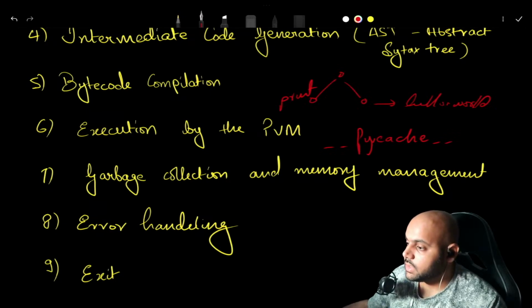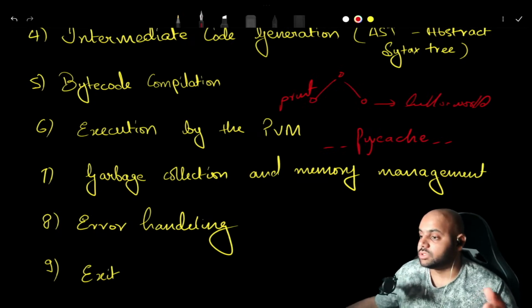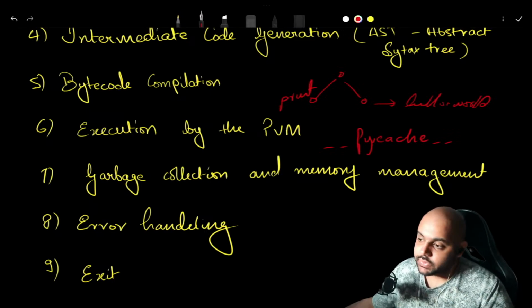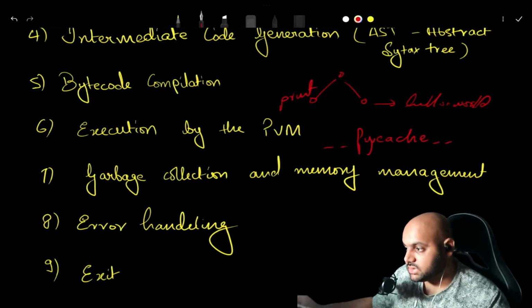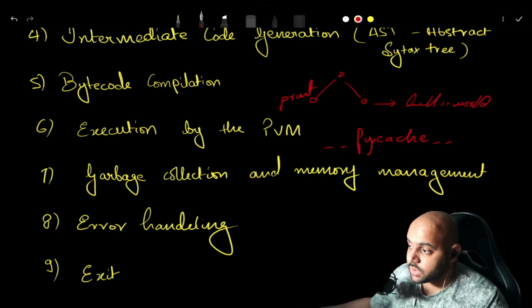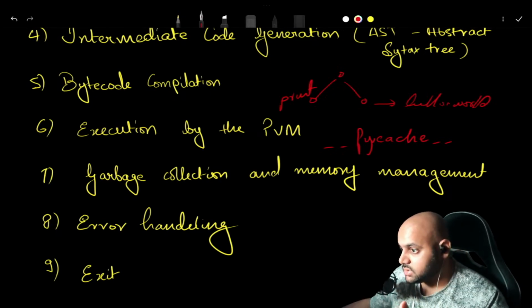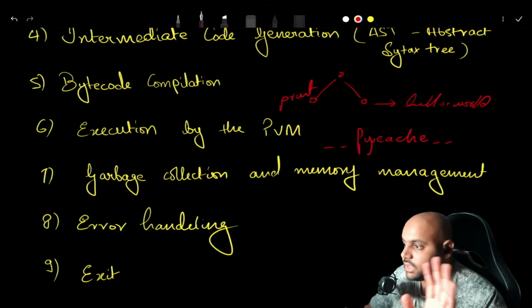Next is execution by the Python virtual machine. As I told you earlier, the Python virtual machine is the software which you had just downloaded, and it is the software which runs the code that you've given it, and it is the runtime engine of Python. No matter what your wrapper is, where you're typing the code and who's running it, doesn't matter.